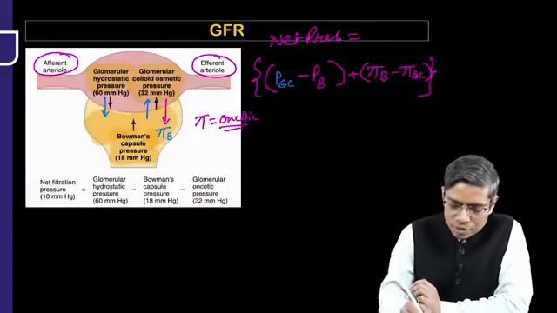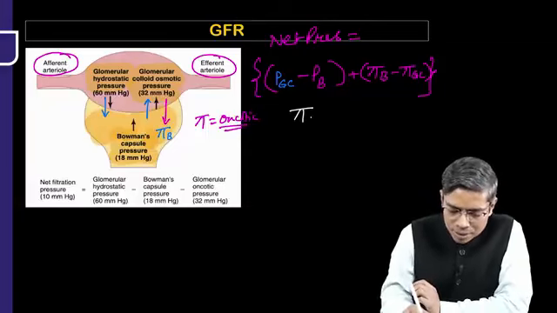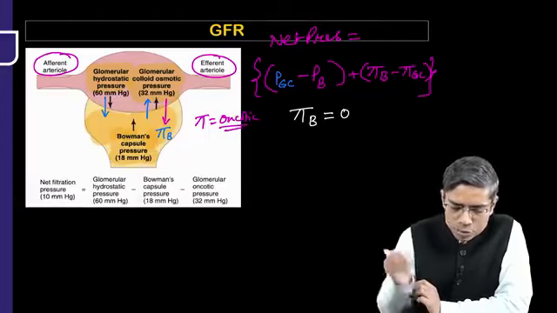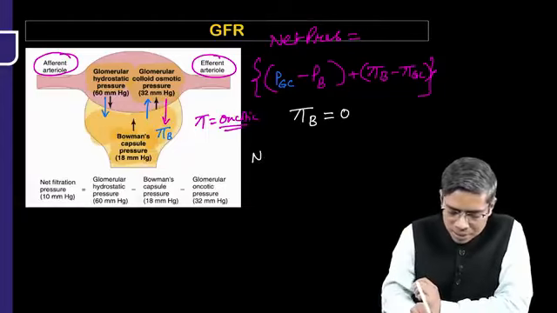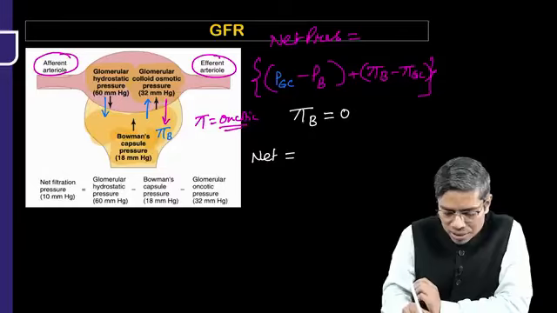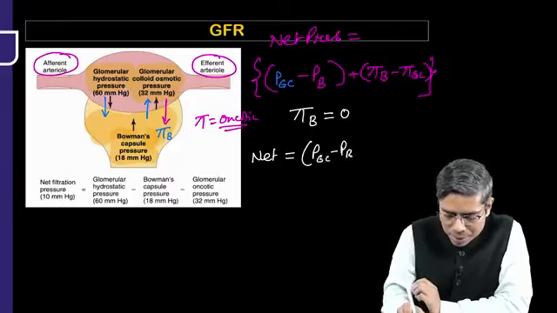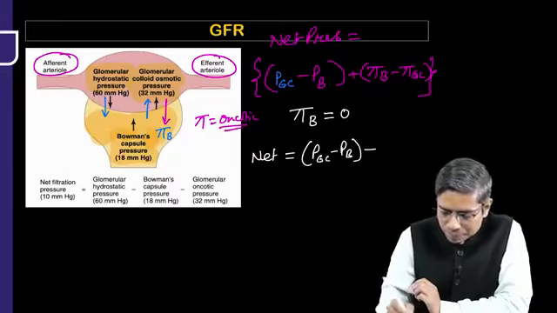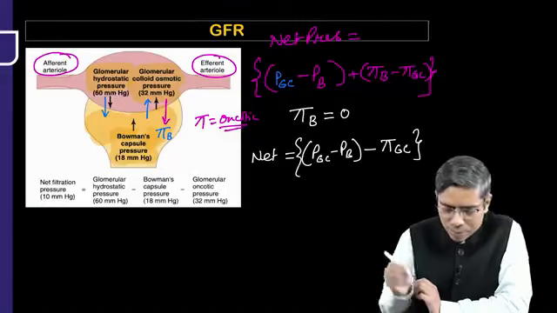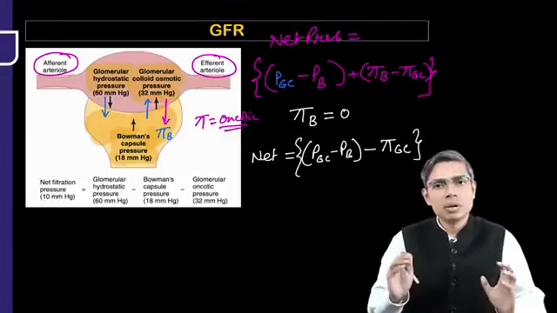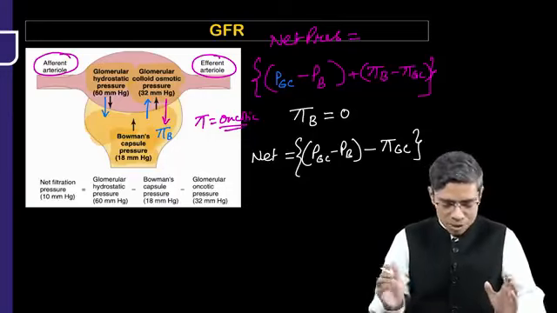That's why we assume that normally pi B is equal to 0. So the net force of filtration is PGC minus PB minus pi GC. This is the net formula for calculation of glomerular filtration pressure.